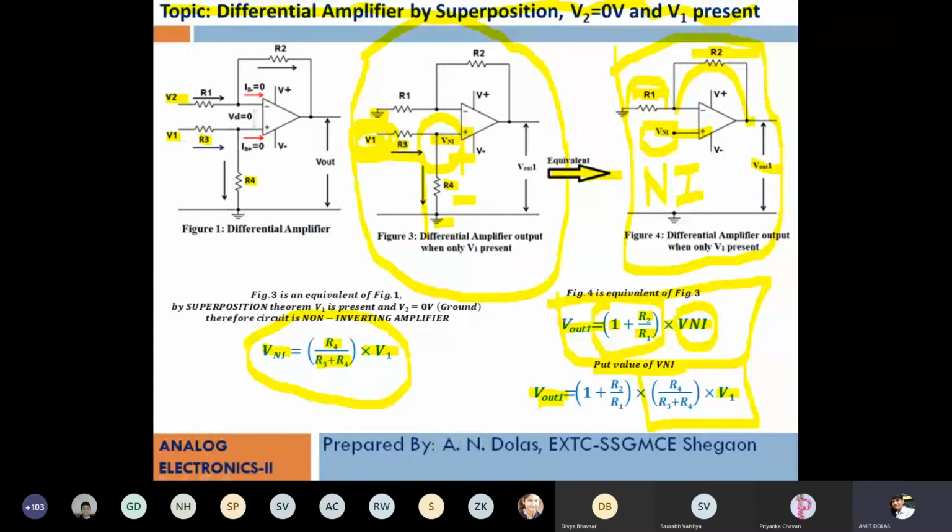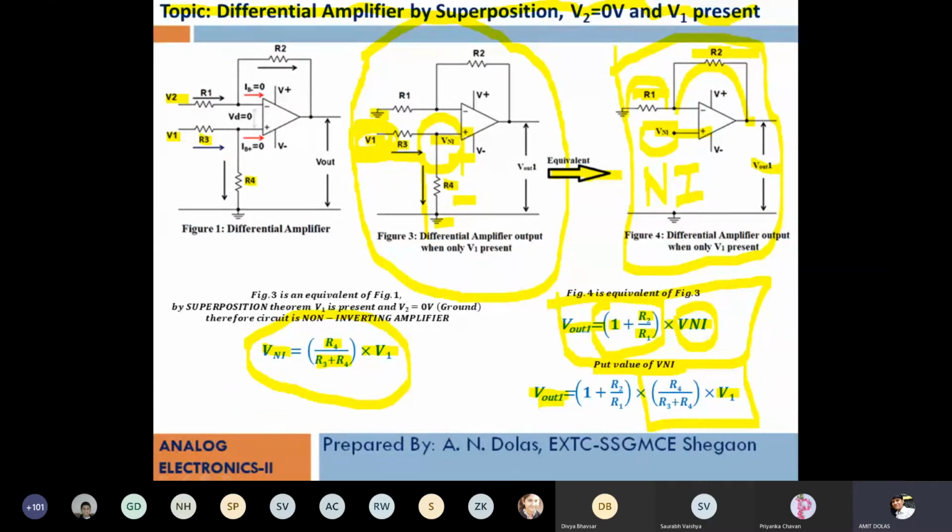So we have individual outputs due to V1 and V2, called Vout1 and Vout2, and whenever we look at the effect of V1 and V2 together, Vout is equal to Vout1 plus Vout2.